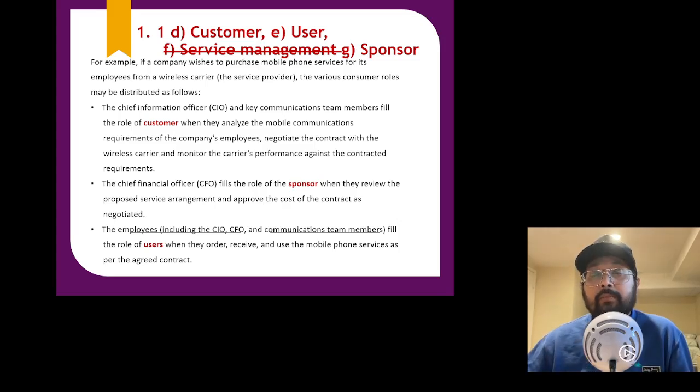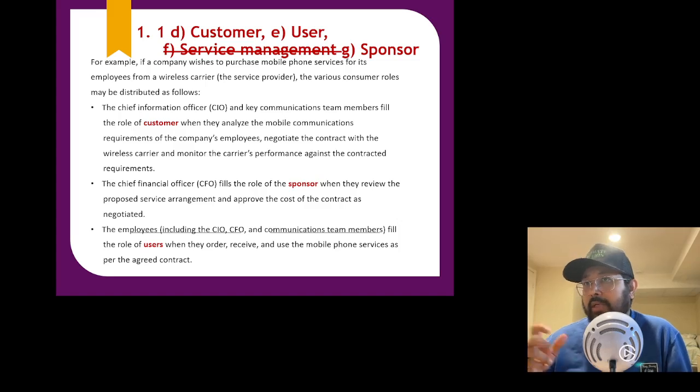The Chief Information Officer, CIO, and key communication team members fill the role of customer, when they analyze the mobile communication requirements of the company's employees, negotiate the contract with the wireless carrier, and monitor the carrier's performance against the contracted requirements.